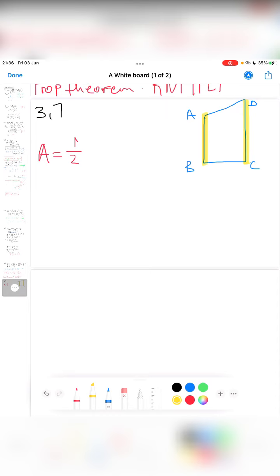So I'll just write it like this: half of, in brackets, line AB plus line CD, close brackets, and then you multiply by line BC. So that means inside the brackets you multiply by BC.